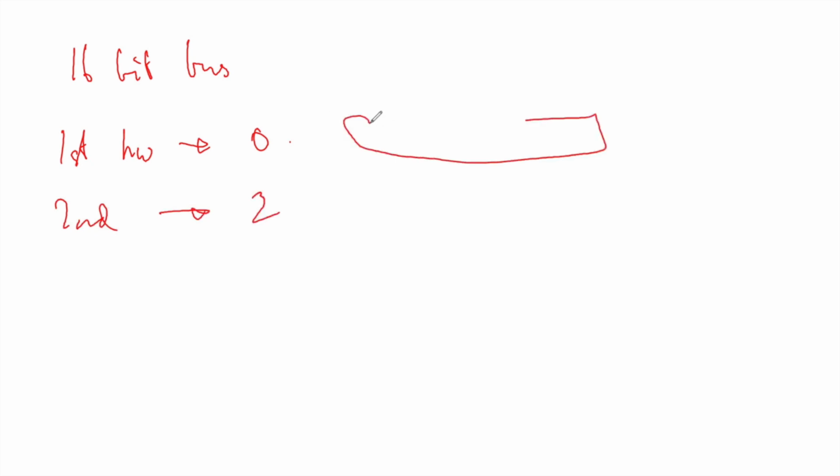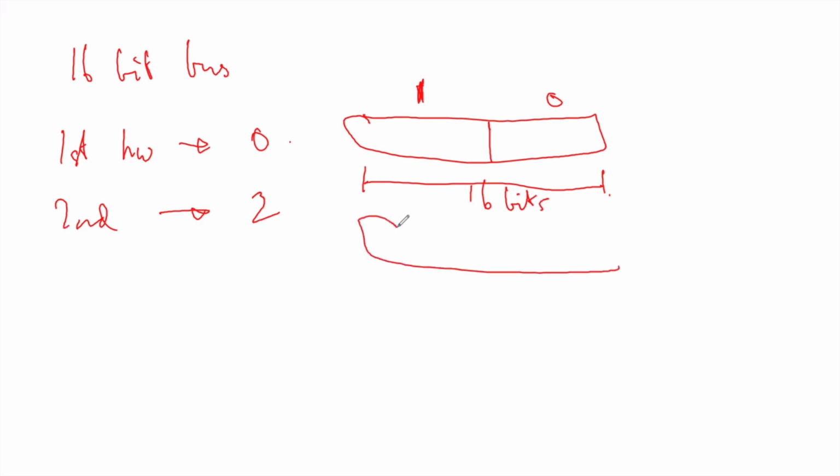So this would make up the byte at address 0 and the byte at address 1. And then the next one would take up 2 and 3. So the third starts at 4.